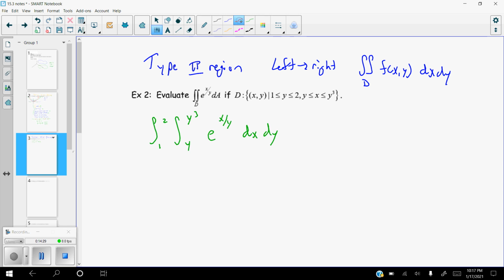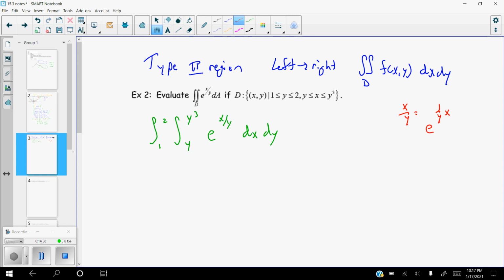If I were to think about x over y as being the same thing as x times 1 over y, actually I should probably write it as 1 over y times x, it's the same thing. So when I take the antiderivative of e raised to that power with respect to x, it's just going to be e to the 1 over y times x times the reciprocal of that slope, which is going to be the reciprocal of 1 over y.